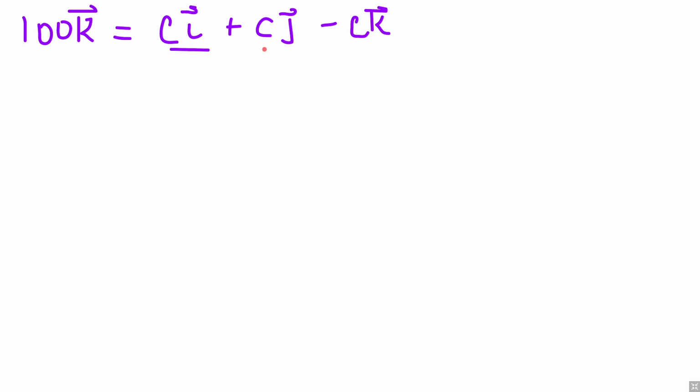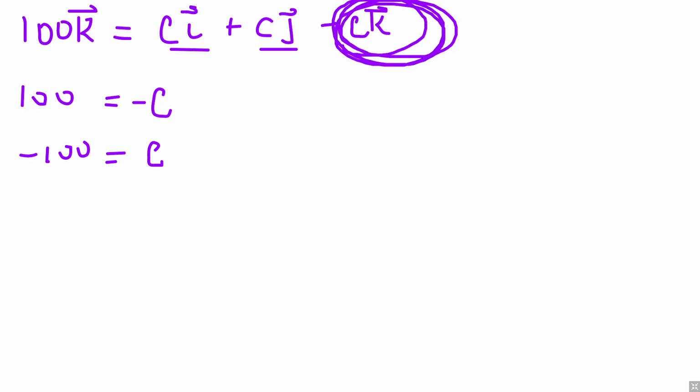Since there's no i or j on the other side, those terms go away. So negative c is equal to 100, or c is negative 100. But keep in mind, it's only with the k component. These other two c's, since there's no i and j components on the other side, are 0.